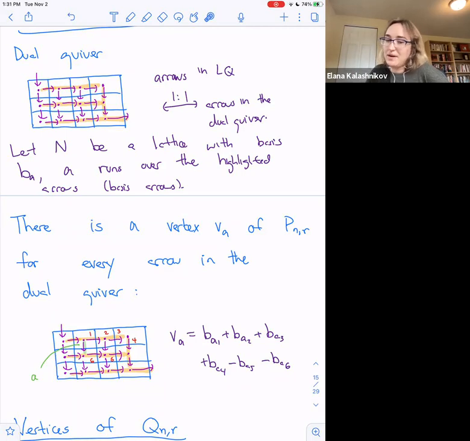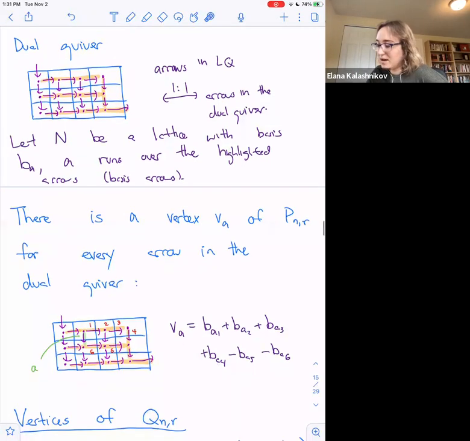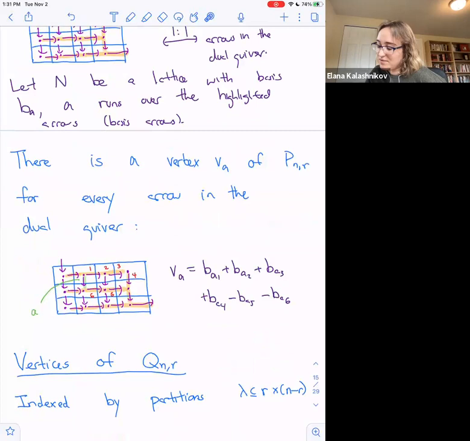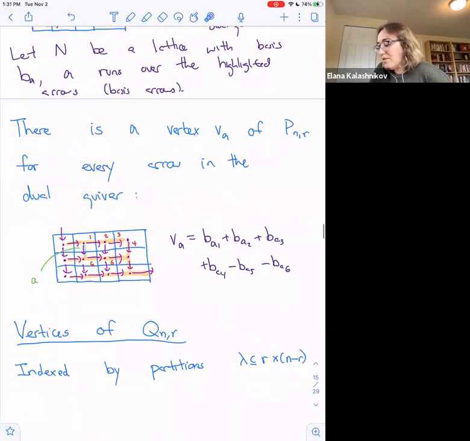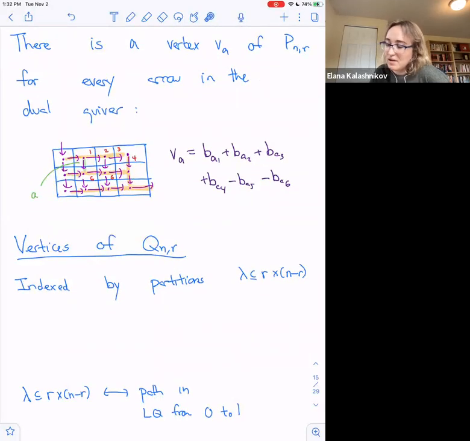The next thing I want to tell you about is the primitive dual of P_{n,r}. The vertices of Q_{n,r} are going to be indexed by partitions, or by paths from 0 to 1 inside the ladder quiver. These are the same things.